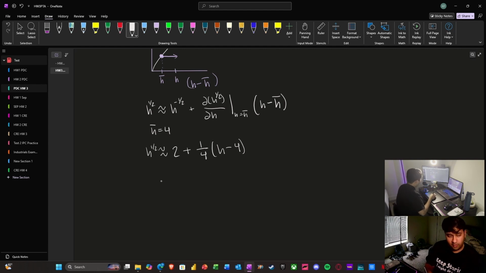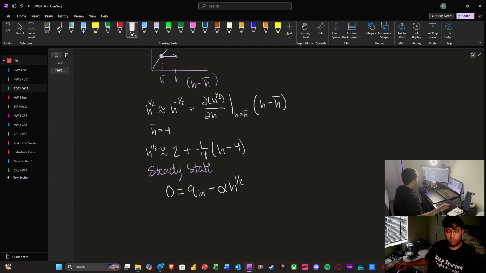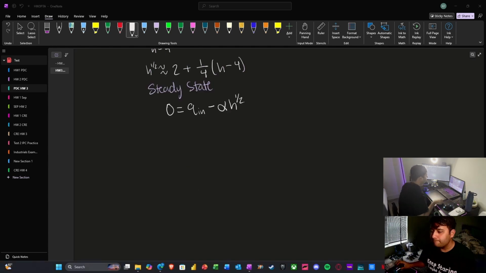So next we're going to rewrite our equation. However, since we are at steady state, our left side of the equation will be 0. So we can rewrite it as Q in minus alpha times h to the 1/2.